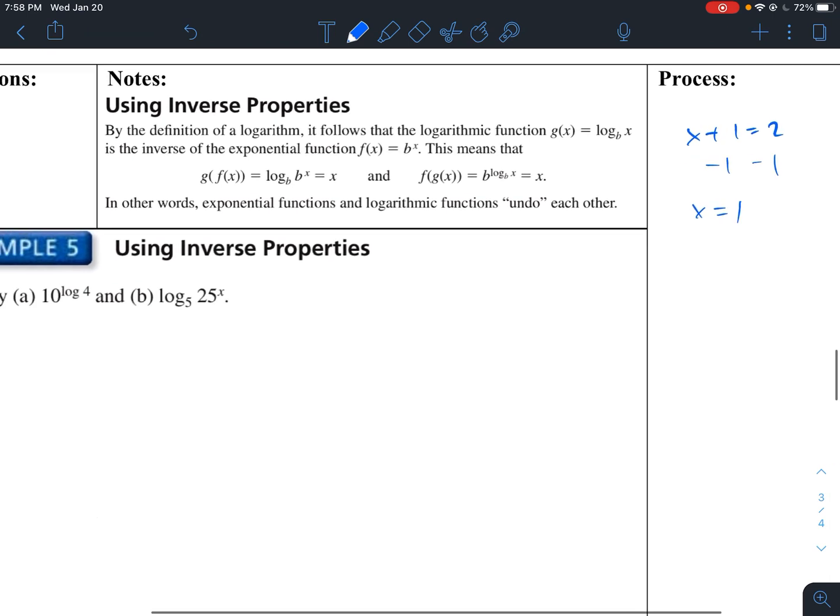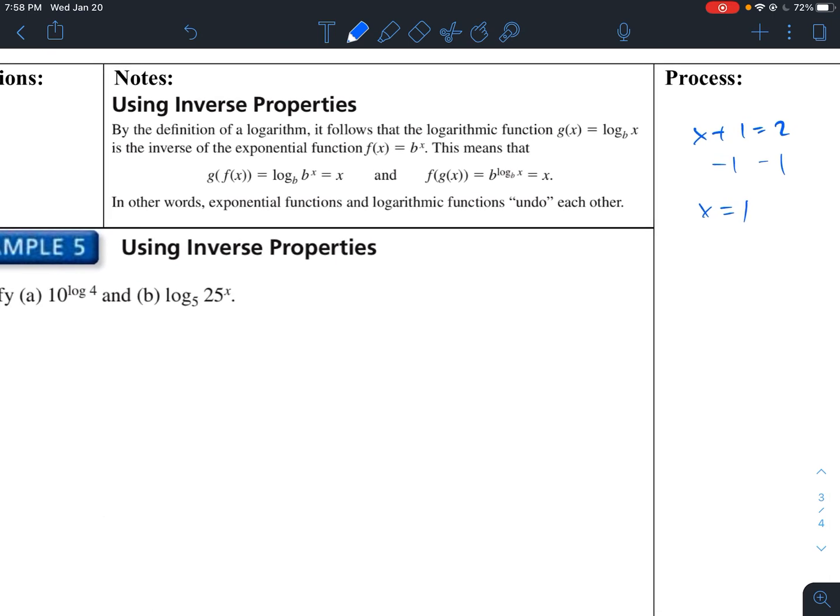Okay? So notice here that log base b of b to the x: if the base and what you're taking the log of are the same, it's like they cancel out and you'll just be left with this exponent here.